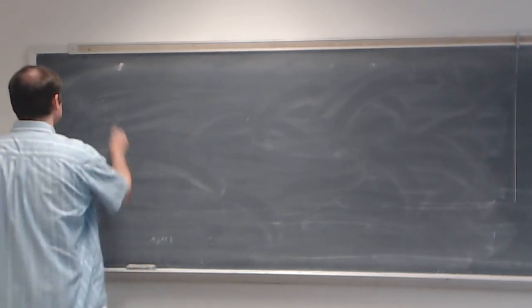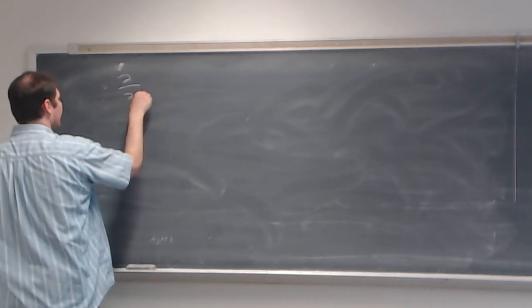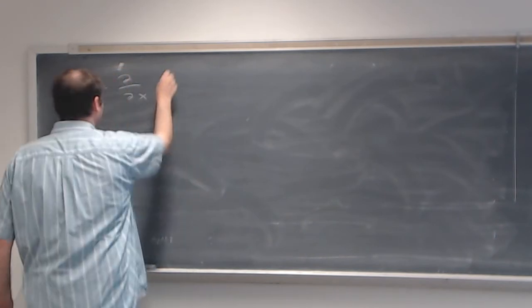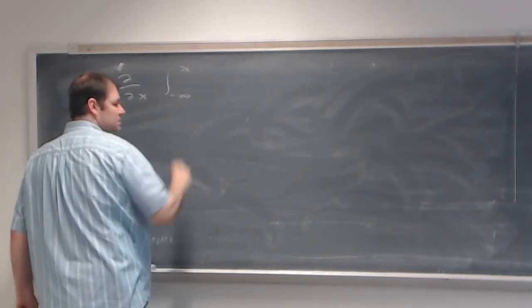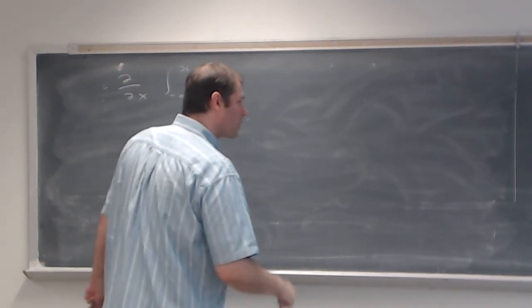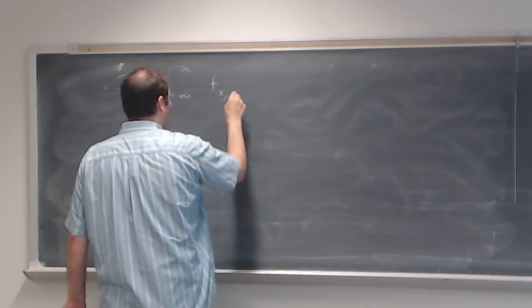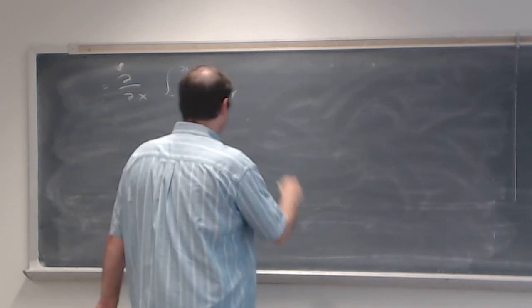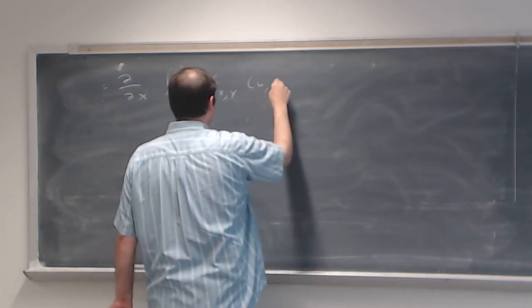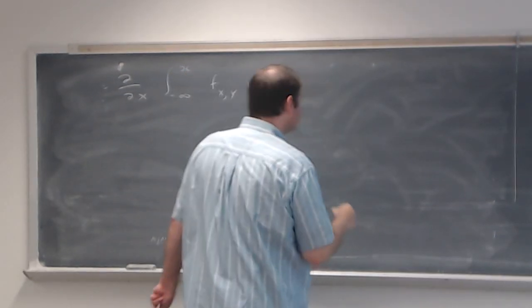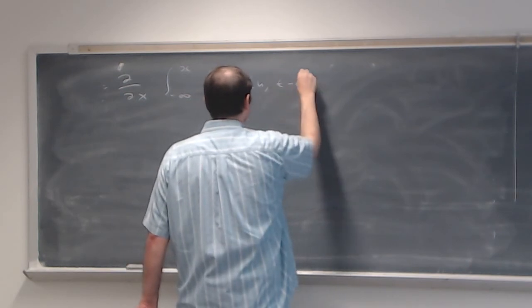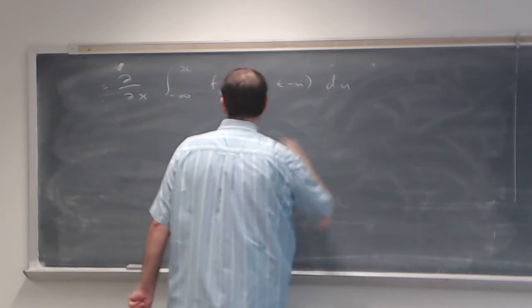And so that's equal to the partial with respect to x, here from minus infinity to x. And what I would get would be f of x comma y, and I would have u, and instead of v, I would be writing t minus u, and it would be du.